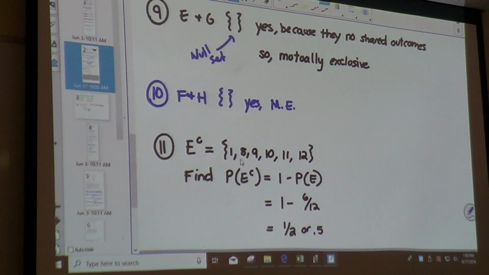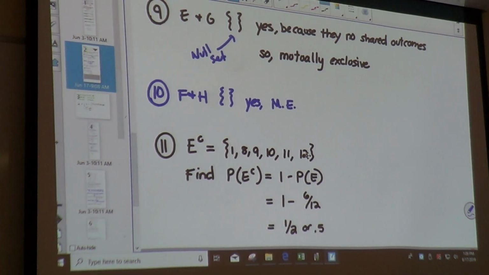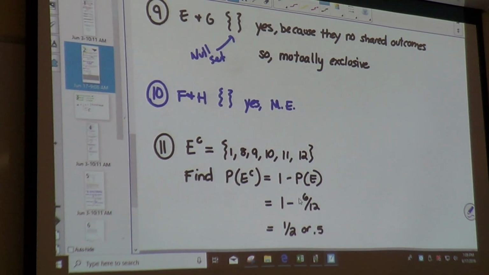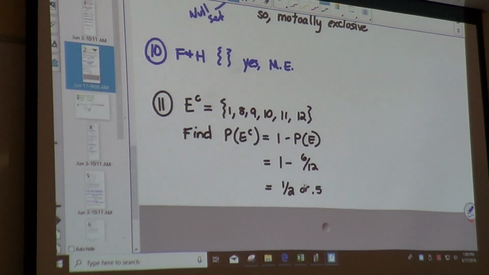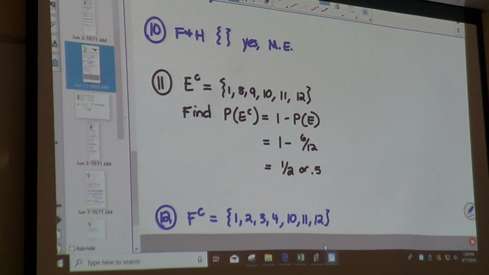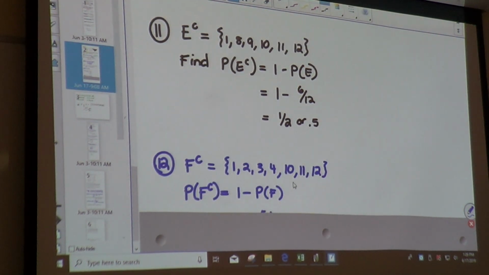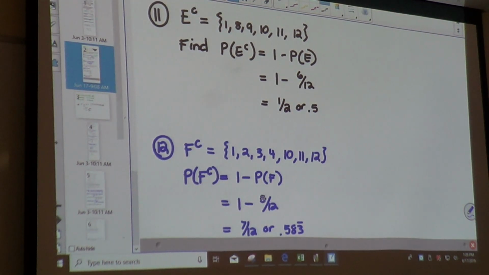There were 6 in E, so there's going to be 6 out of there. And then we did F. There were 5 in there, so there's going to be 7 out of there.